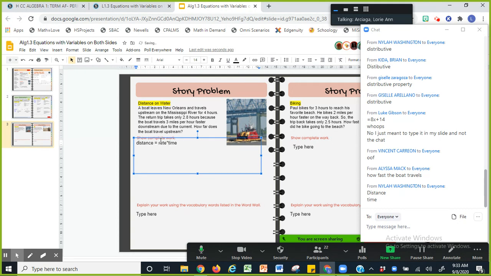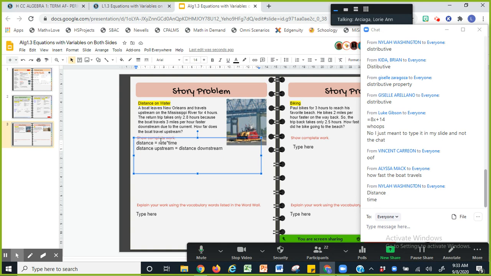That's awesome, Nyla. Okay, and we know that the distance upstream is actually equal to the distance downstream, right? Because the boat traveled the same, what do you call this? The boat traveled definitely the same distance.